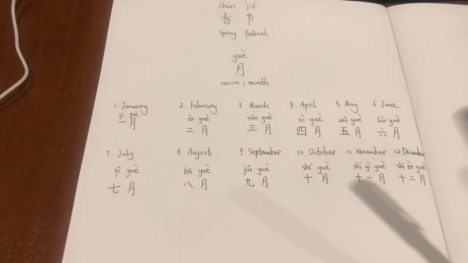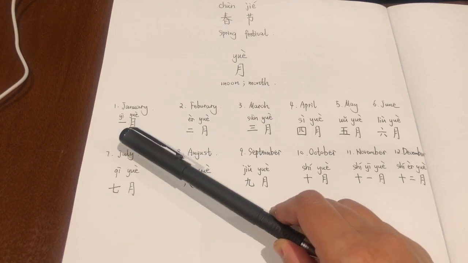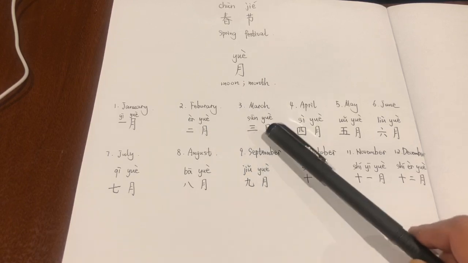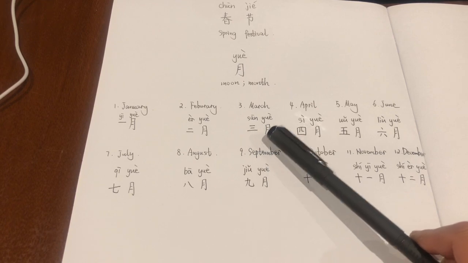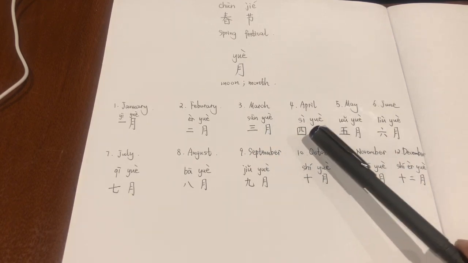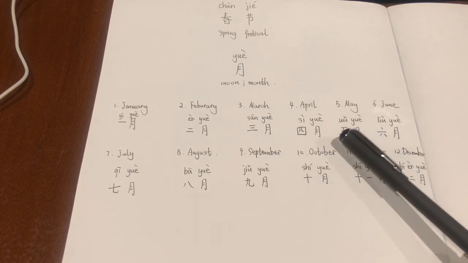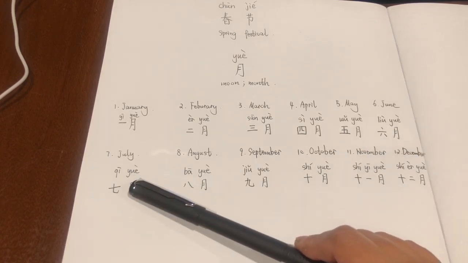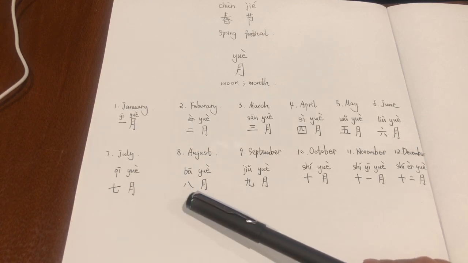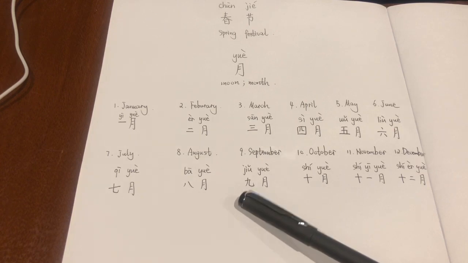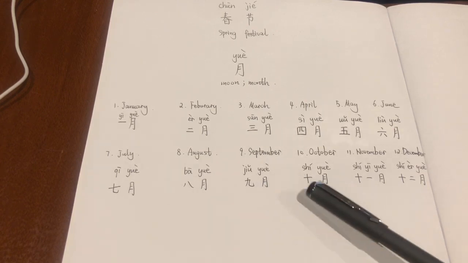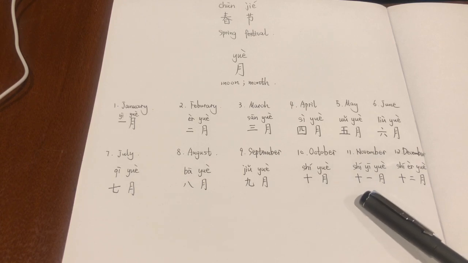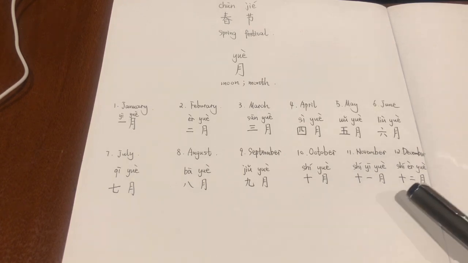Okay, please repeat after Miss Ran. 1月, 2月, 3月, 4月, 5月, 6月, 7月, 8月, 9月, 10月, 11月, 12月.